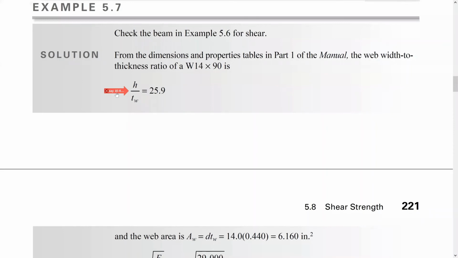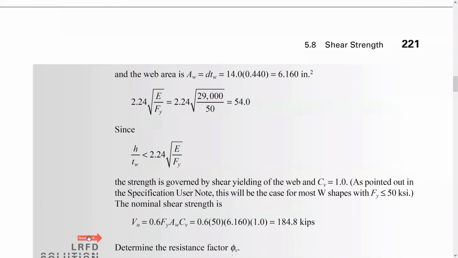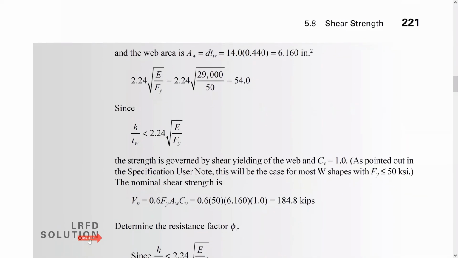Here is the value we got from the manual for this cross section, W14x90. And this is the area of the web, 14 times this again. Let's check the cases now: which case is applicable for this beam, how much is C sub V, phi for shear, and the safety factor.